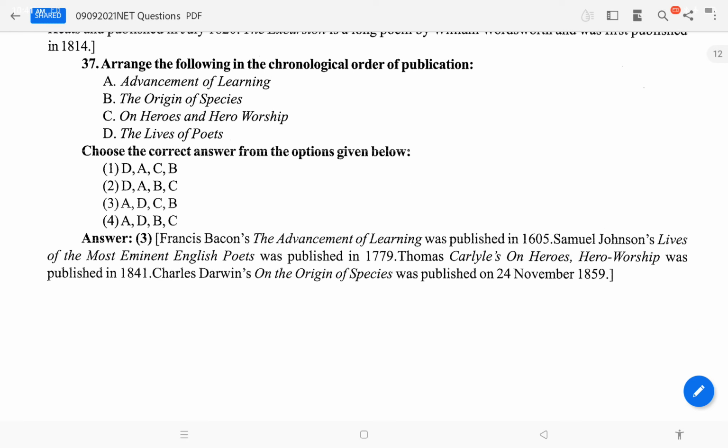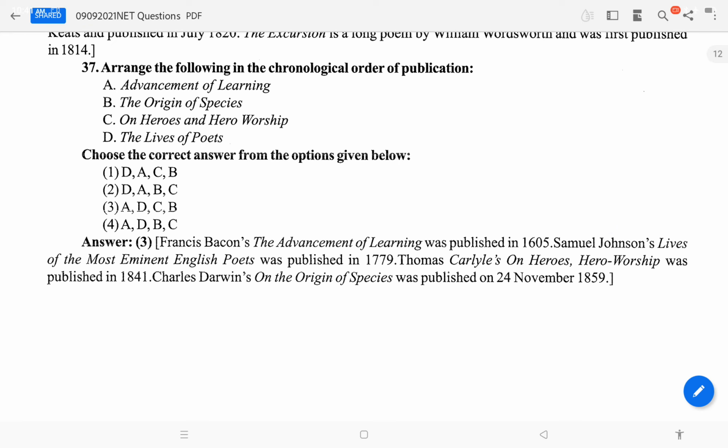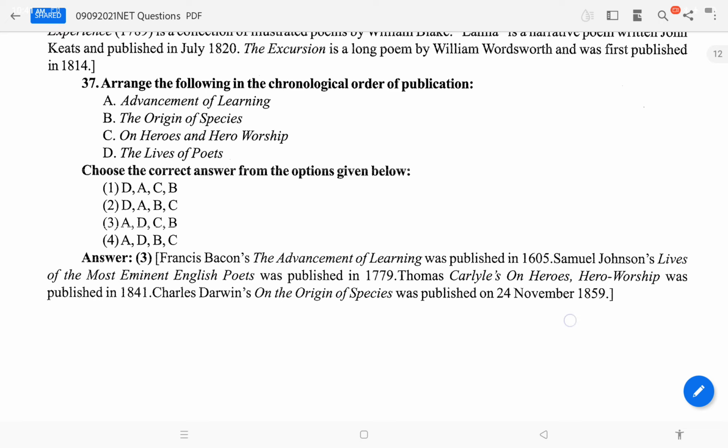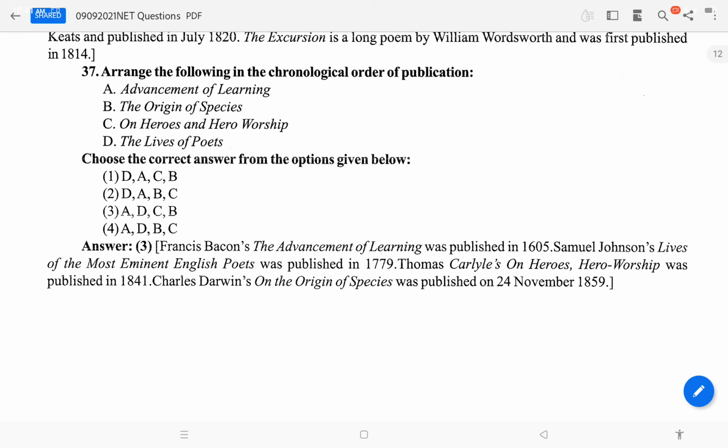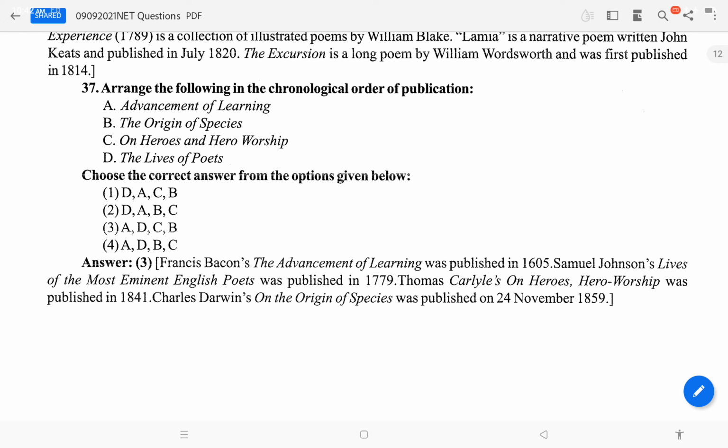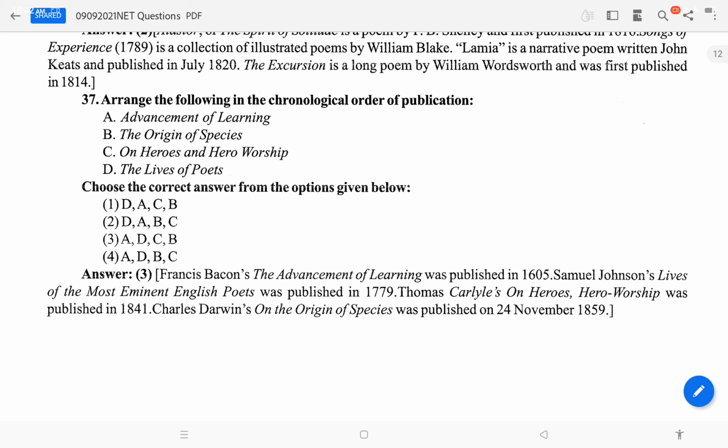Let's see question number 37. Arrange the following in chronological order of publication. So, first, Francis Bacon's Advancement of Learning was published in 1605. You know that Bacon was a contemporary writer of Shakespeare, so you can apply this knowledge and put Advancement of Learning first.